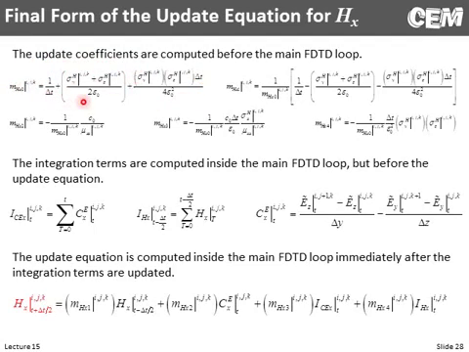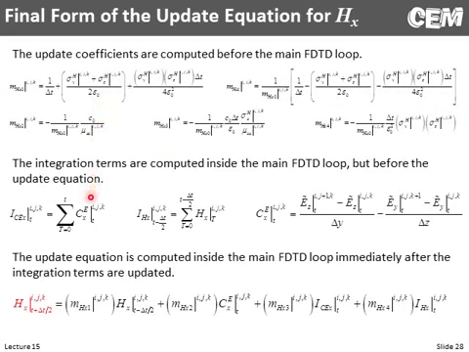It's just a big collection of terms that appears in all the other ones. So one divided by this times all this. So we really have four update coefficients, one through four. But I like calculating this as a 0th update coefficient, if you will. And we do all of these ahead of time before the main loop.